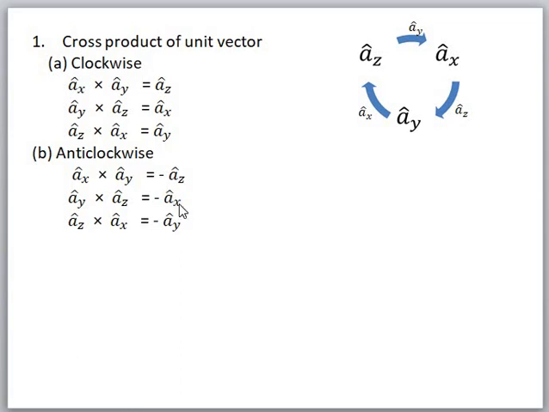If az cap cross ax cap, we will get the answer minus ay cap. This is the anti-clockwise method.